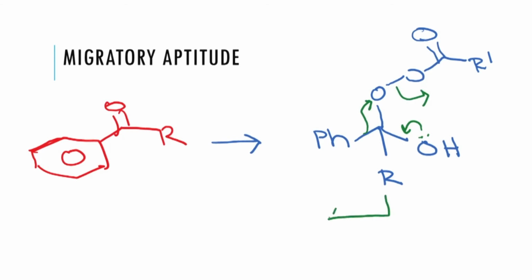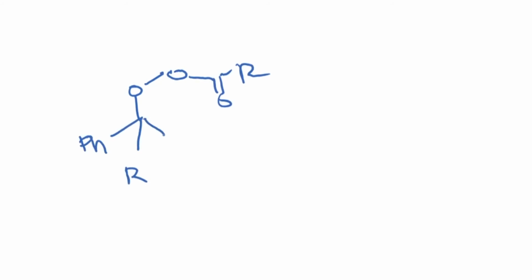This gives you the green product, which is R C double bond O pH. Now you also have the second possibility of the R group migrating instead of the phenyl, and that would give you a different product. Now let's draw this out in red. Maybe I should draw this slightly differently so that it's easy for us to understand. We'll keep the phenyl here and R here.